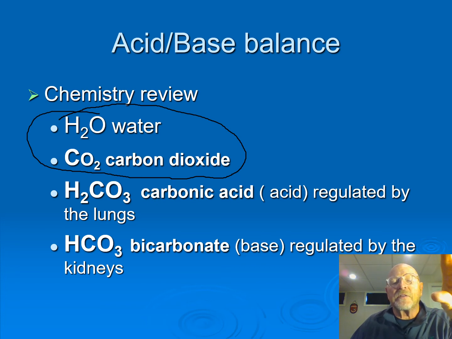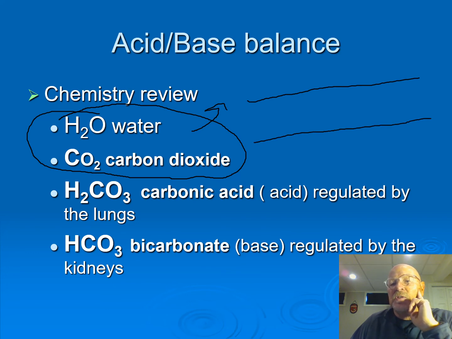What are they going to kick off? They're going to kick off water and carbon dioxide. So let's just consider them waste products of the metabolic processes. Well, eventually that water and CO2 is going to make its way into the vasculature, into the bloodstream. So you're going to have CO2 and you're going to have H2O in the body's vasculature.